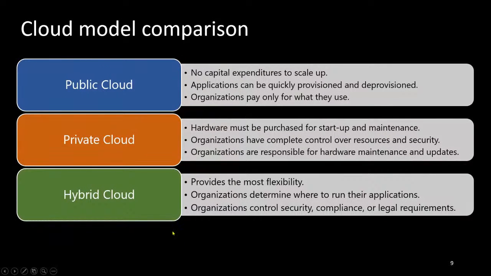Okay, cloud models. So how do things work? As I said, the first one, public cloud, is pretty much Azure, where customers pay the cloud provider for whatever services they use, and use their services for all purposes.